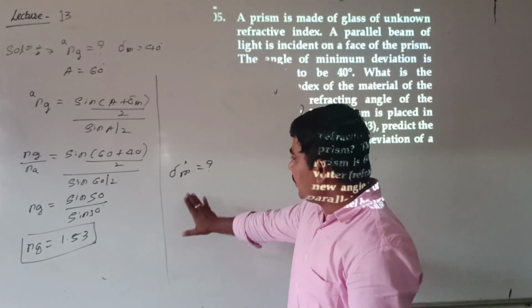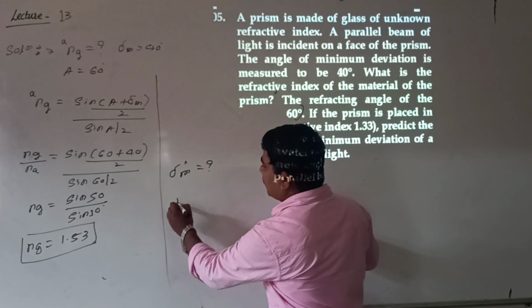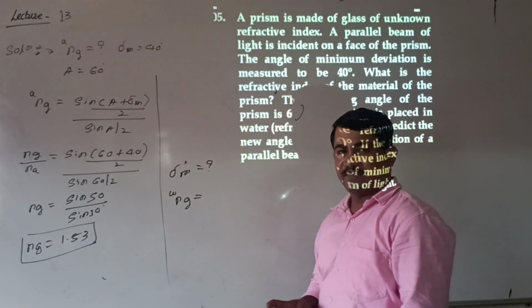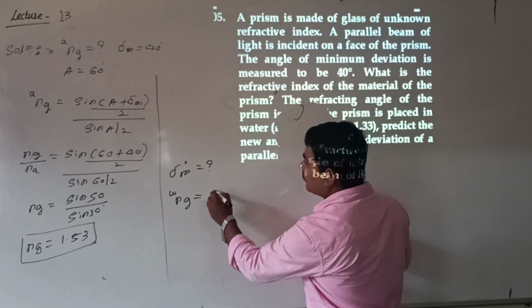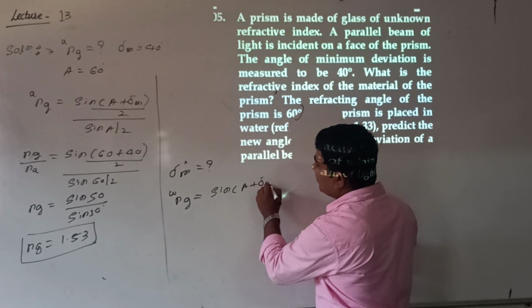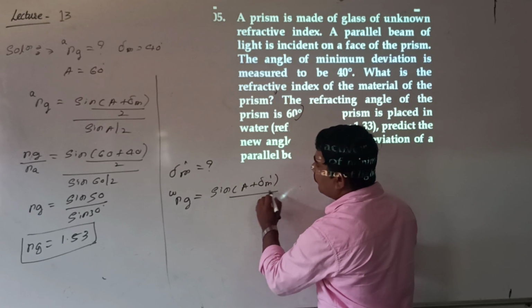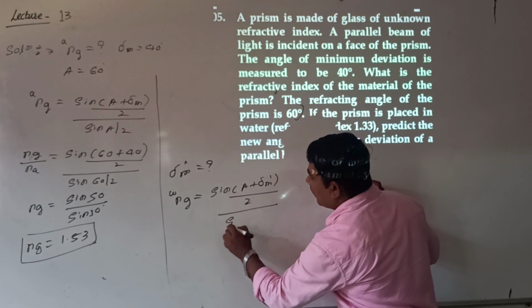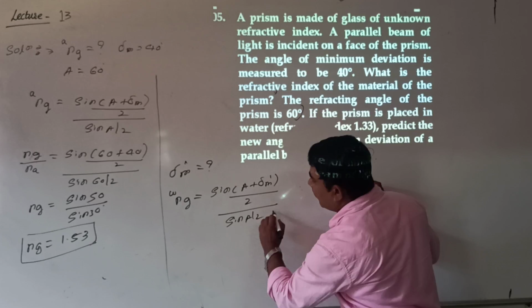See here. For this one, how to write? We need the refractive index of glass with respect to water. Are you following? Then how do we write the formula again? Sine of (A plus delta m dash) whole divided by 2, divided by sine of A by 2.